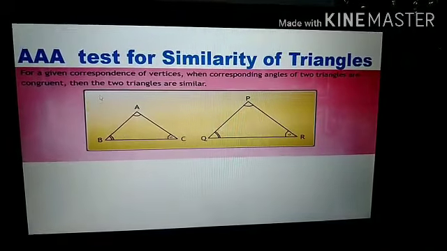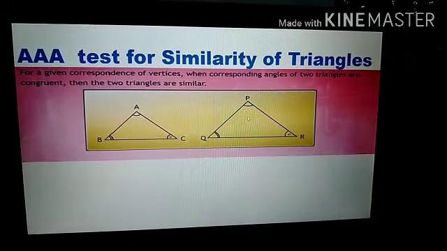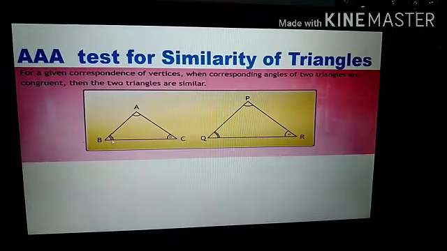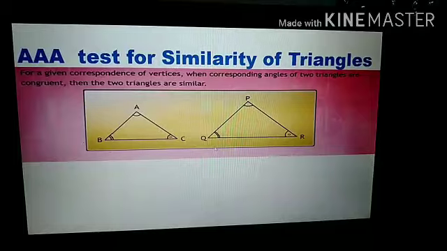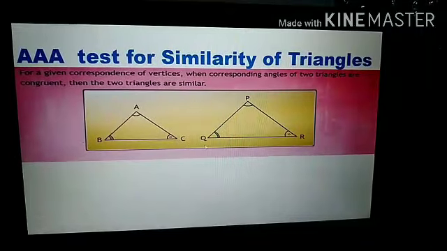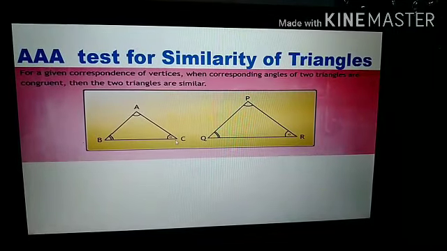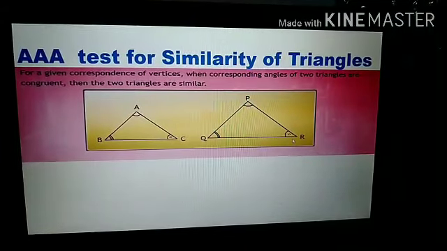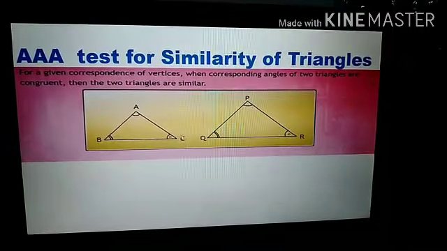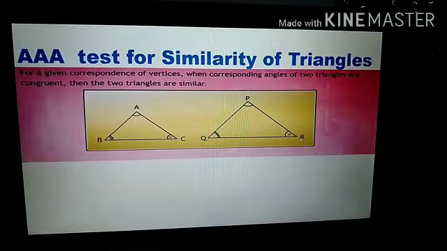So we can say angle A is congruent to angle P. Angle B has a double curve, and angle Q also has a double curve. So angle B is congruent to angle Q. Angle C has a curve and a dot. Angle R also has a single curve and a dot. So angle C is congruent to angle R.